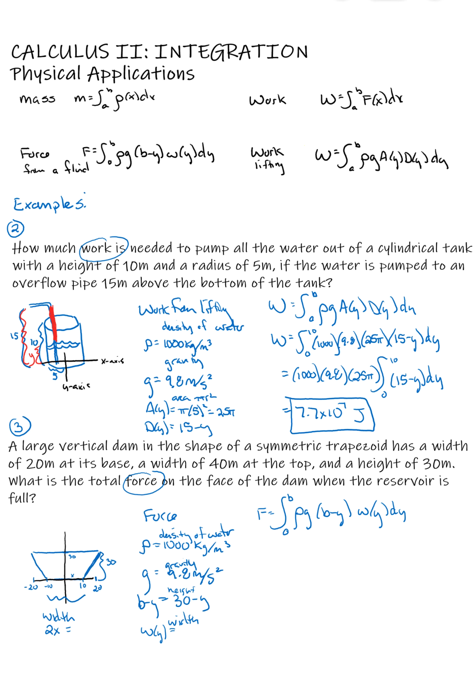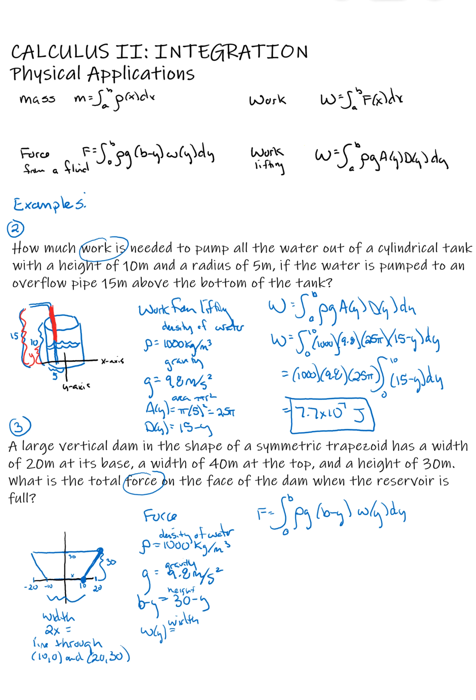Meaning I need to find the equation of the line. I'll use the two endpoints. Through the points, we've got 10, 0 as the first point, and the top point is 20, 30. Take a moment and find the equation of that line.